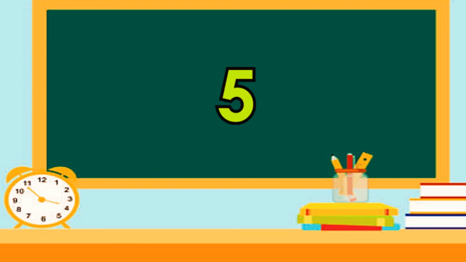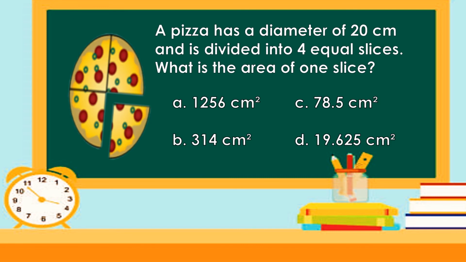For number 5, a pizza has a diameter of 20 centimeters and is divided into 4 equal slices. What is the area of one slice?